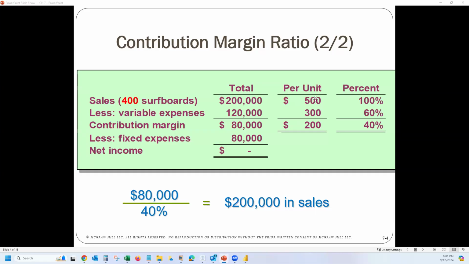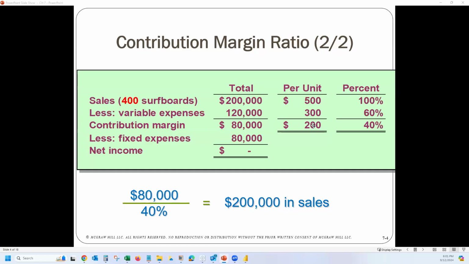Right here, we know the price per unit is $500, the variable cost per unit is $300, and then the contribution margin per unit is $200. With this $200 we just calculated, which is the contribution margin, we can calculate the number of units that must be sold in order to break even.